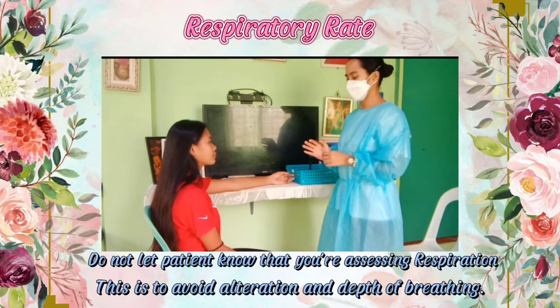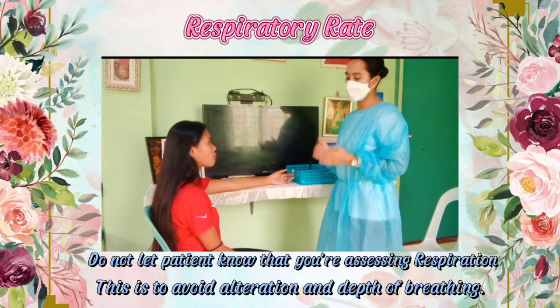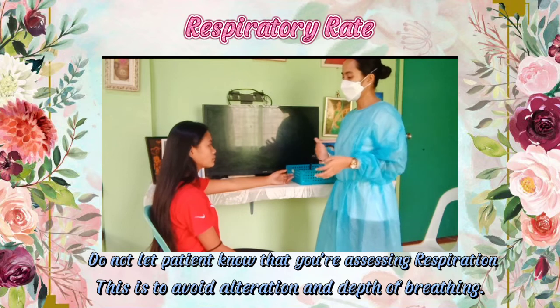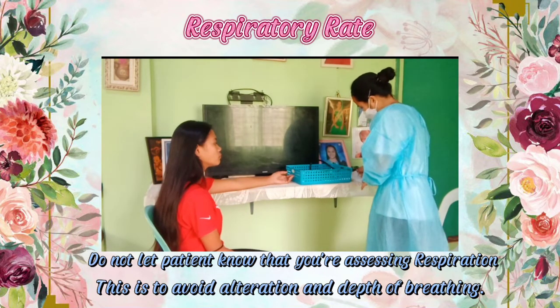Your respiratory rate, ma'am, is 18 breaths per minute, which is actually normal for adolescents. Your depth of respiration is normal, and your rhythm of ventilation is actually regular. Now, I am going to note the results.